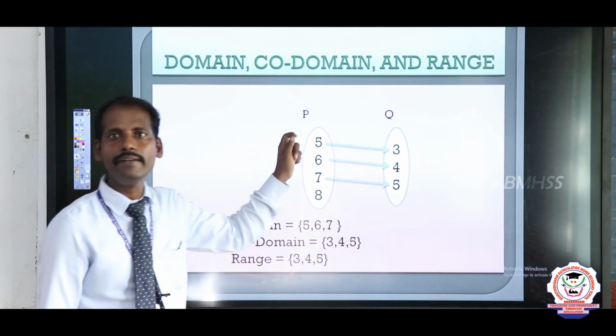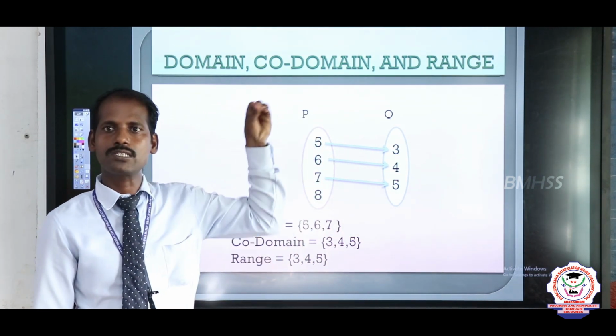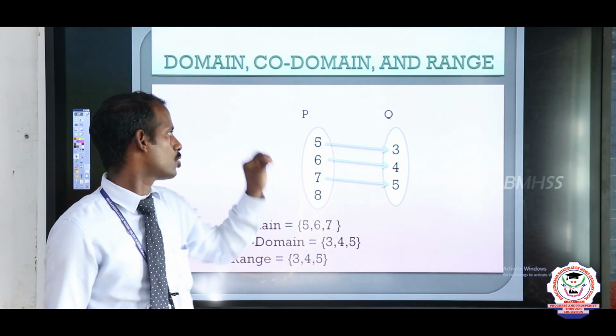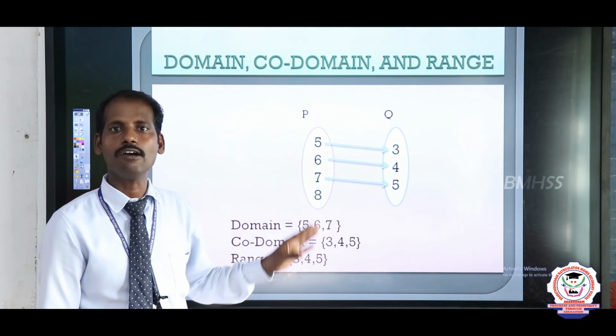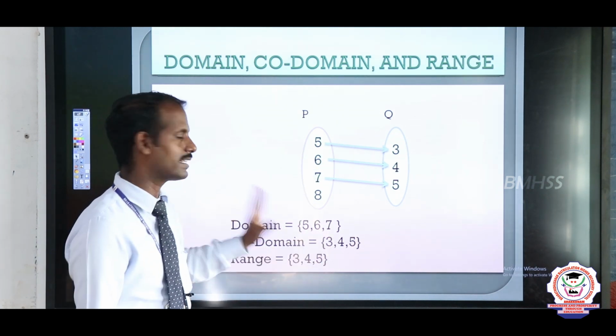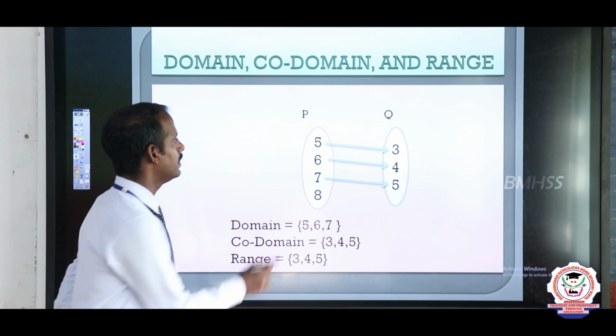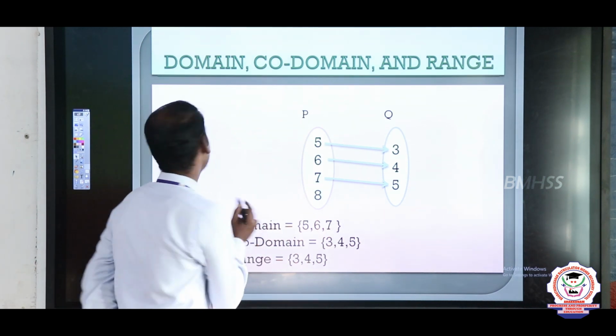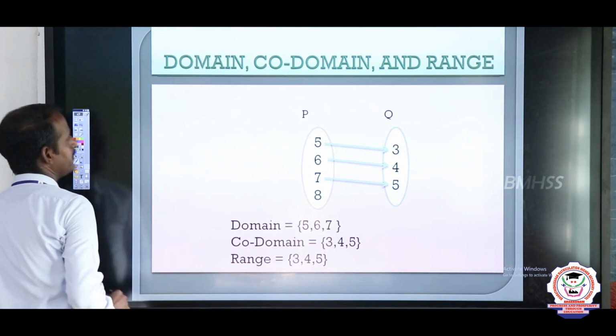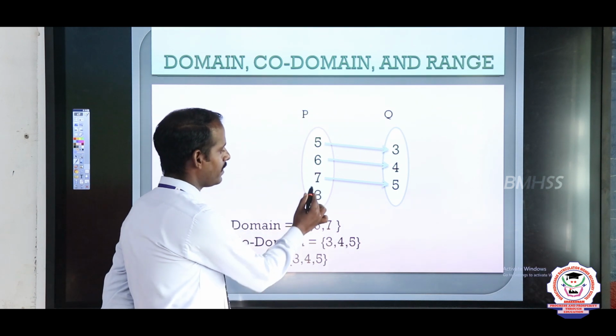Next, domain, codomain and range. What is domain? What is codomain? What is range? Domain is the set of elements of P that are related to Q. Here, the example P set is 5, 6, 7, 8.